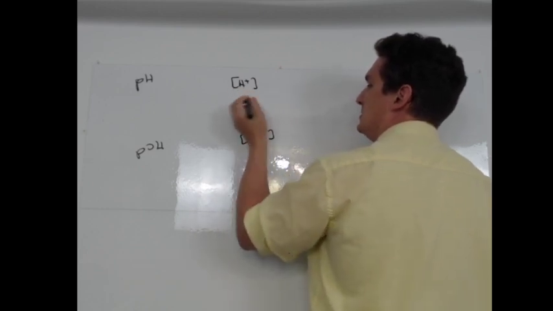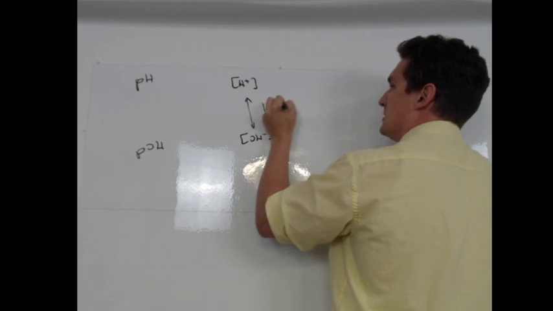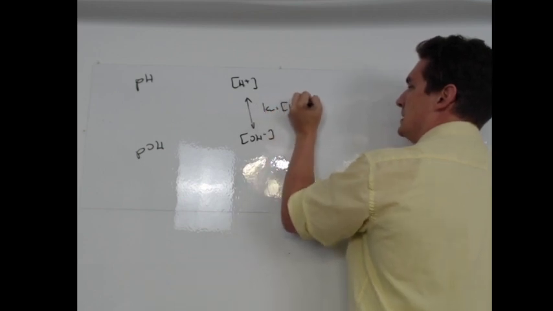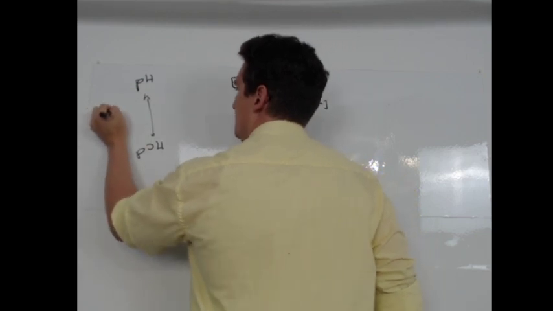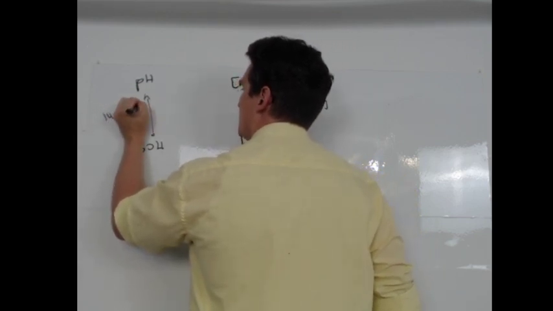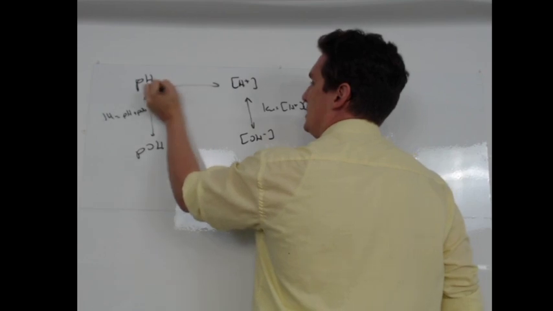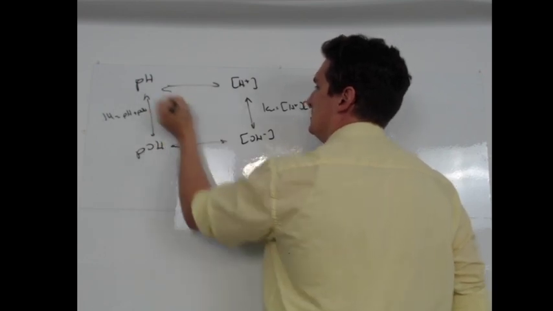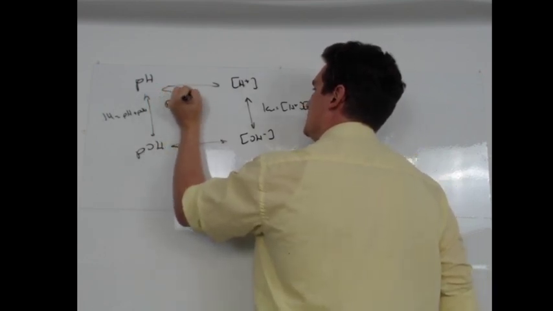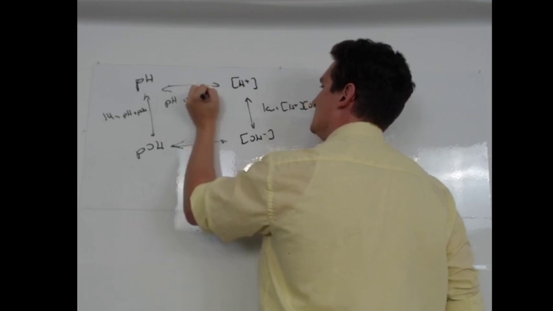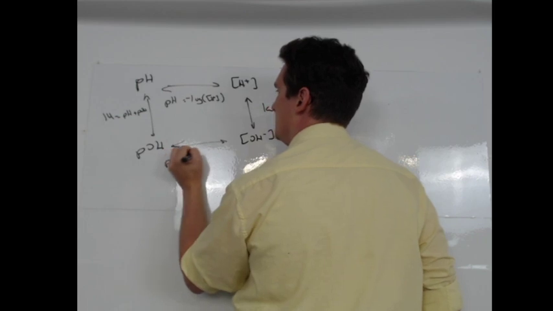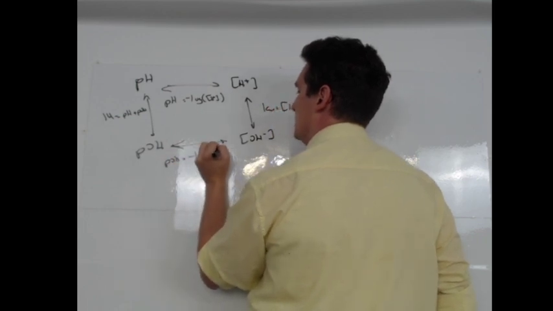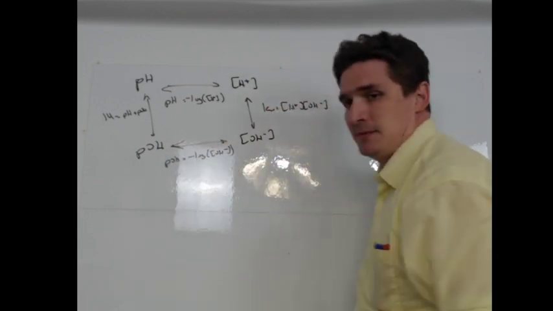The connection between these two is that Kw equals concentration of H plus times concentration of OH minus. 14 equals pH plus pOH. And here we have the connection that pH is the negative log of H plus, and pOH is the negative log of OH minus.